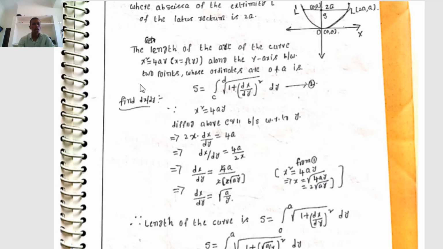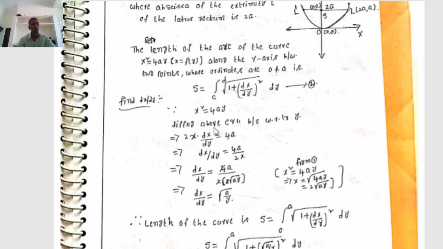First, we have to find out the dx by dy value, where the y limits are 0 to a, therefore c equal to 0, d equal to a. First we find the value of dx by dy using the given curve x square equal to 4ay, differentiating with respect to y.